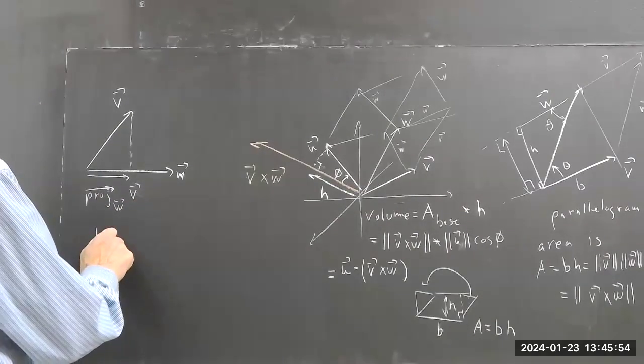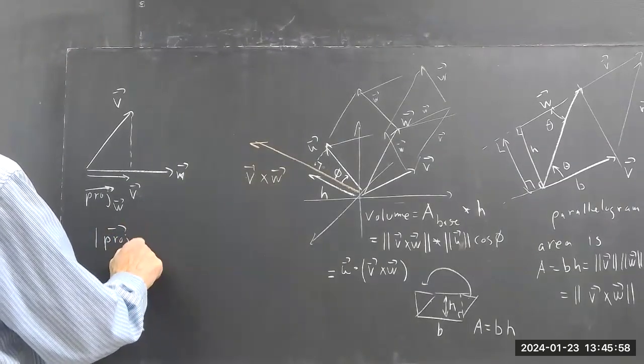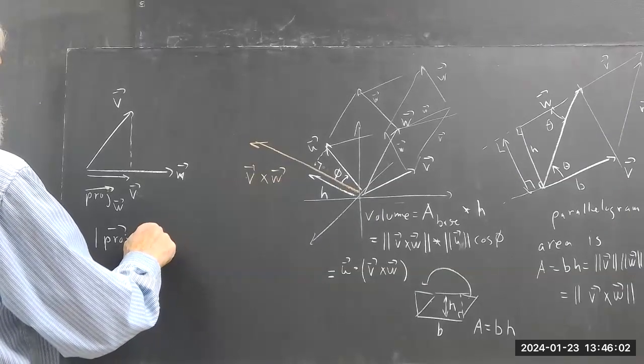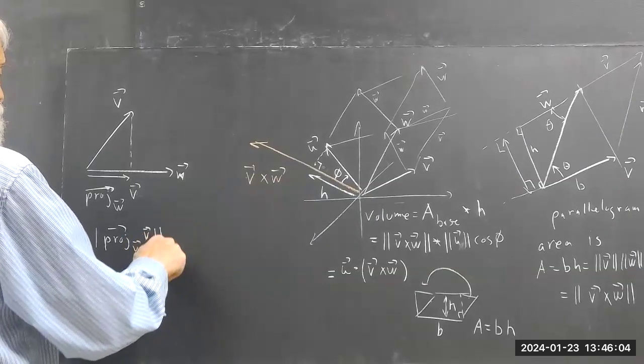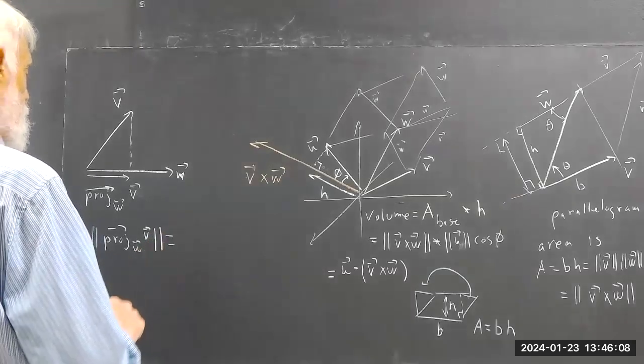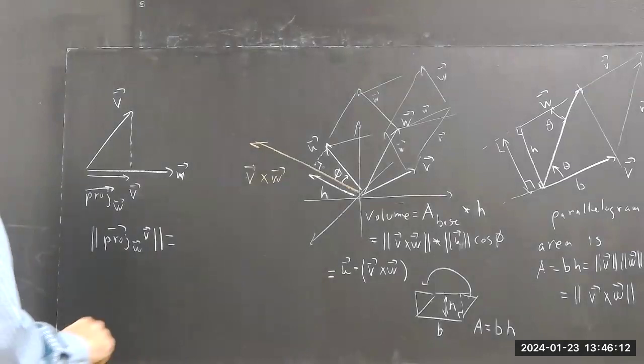First of all, the length of this vector. Let's put W there. The magnitude of this projection is just what?